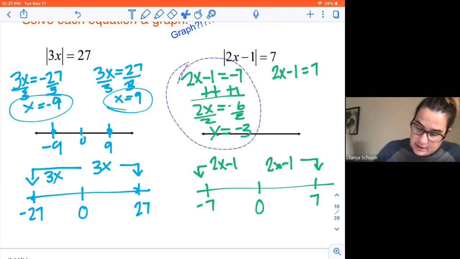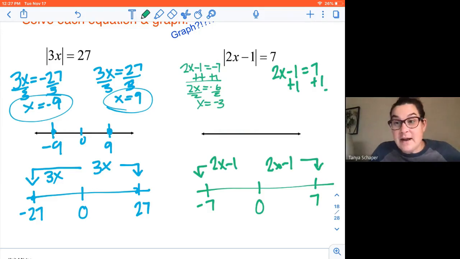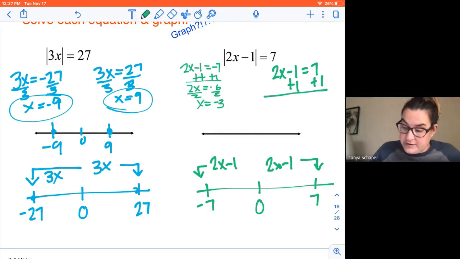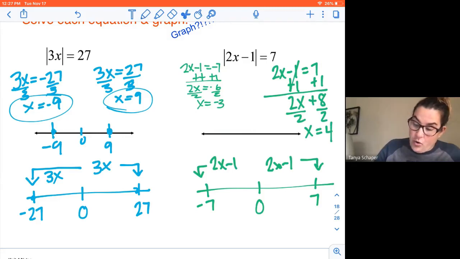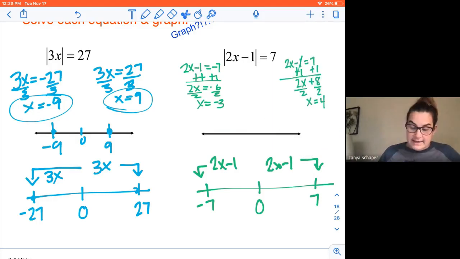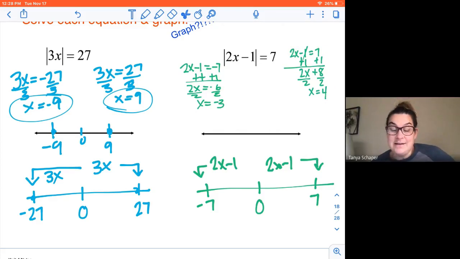Let's move that up this way. And then I'm going to solve on the other side. And I'm pulling up my equation solving that I worked on in Unit 3, variables on one side, and I'm going to solve this out. Divide by 2, x equals 4. Now, notice how last time the numbers that we got for an answer were opposites.